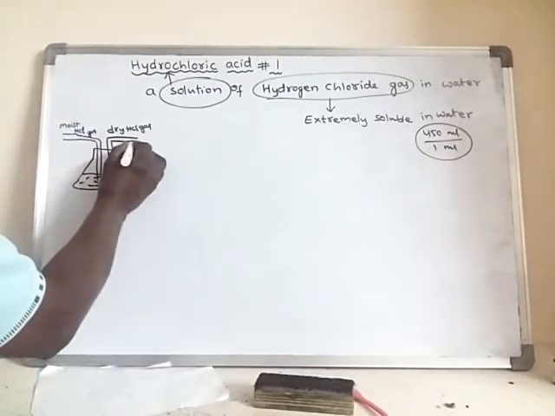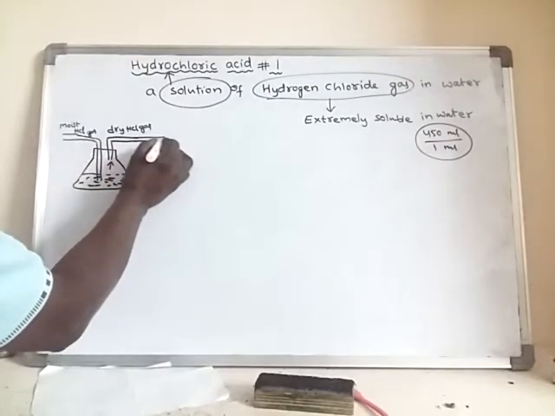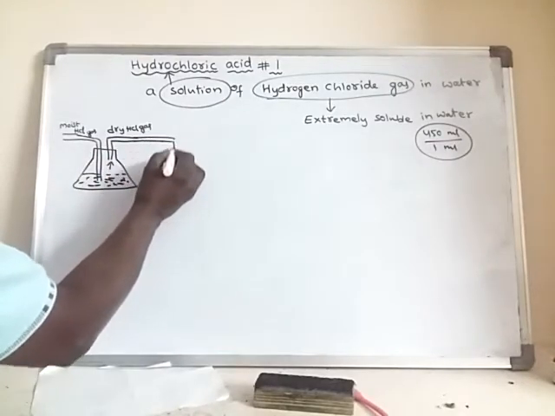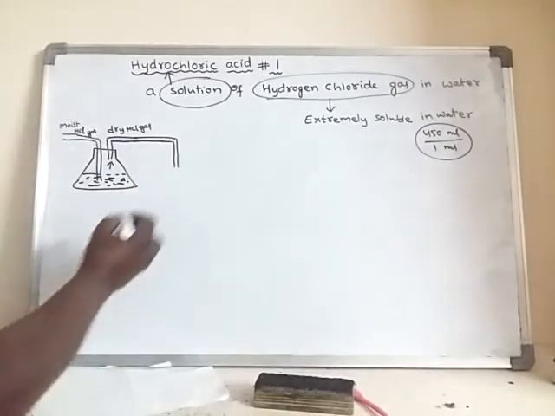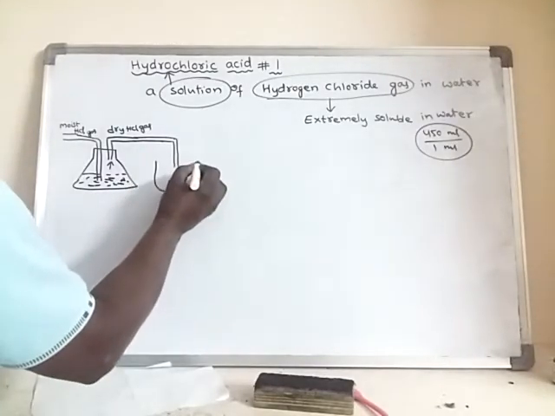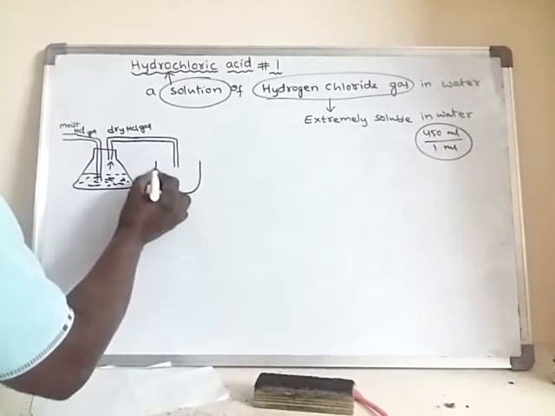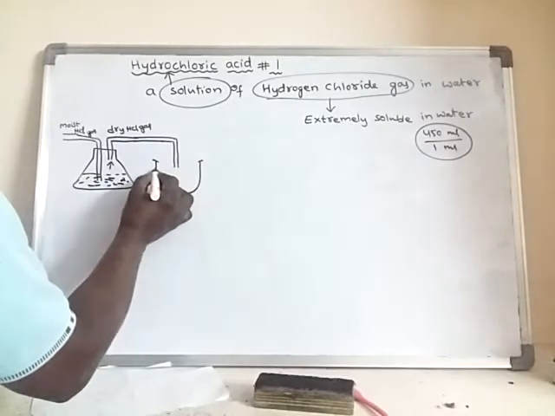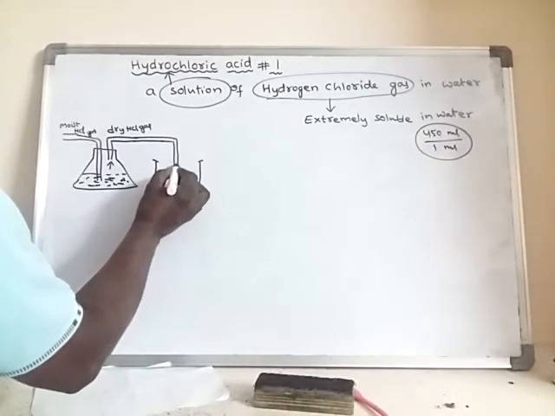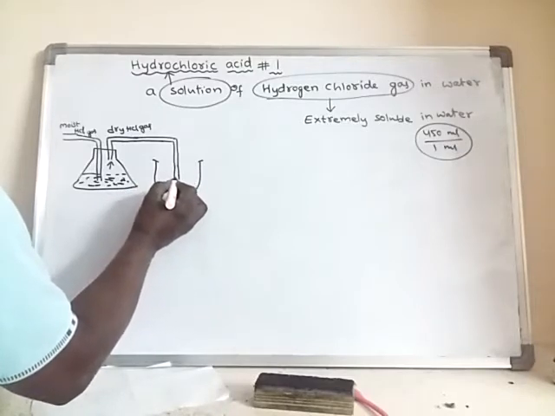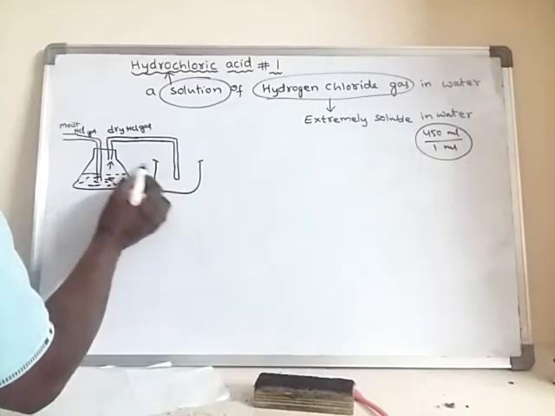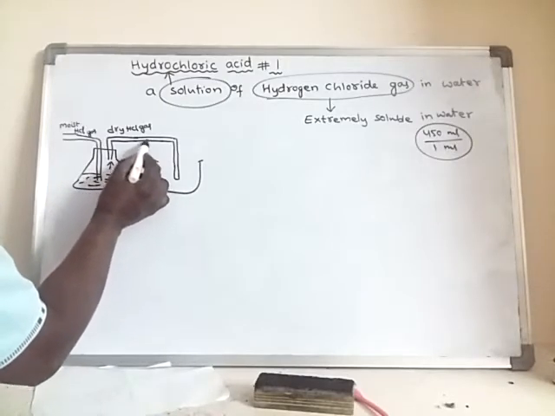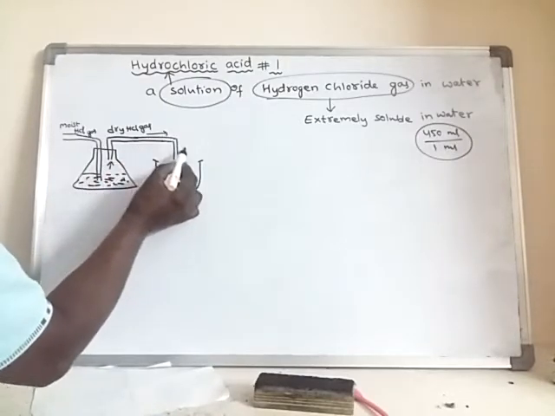Now, when this dry HCl gas is allowed into a beaker containing water, suppose this is the delivery tube from which dry HCl gas is coming.